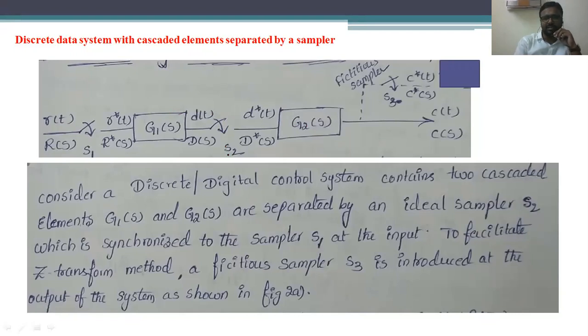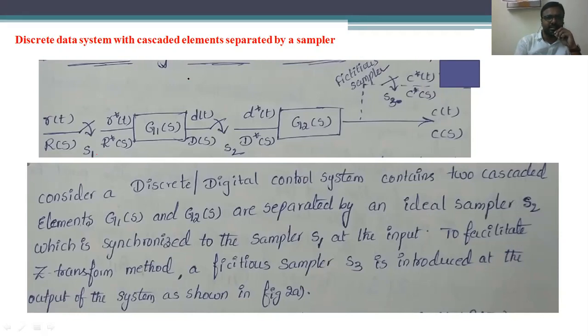Apart from the S2 sampler, we are able to observe another sampler, that is S1. This S1 is a sampler which is used as a synchronizing function to the input. That means R of t is the input of the system.